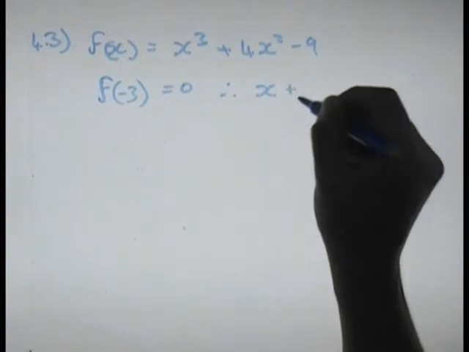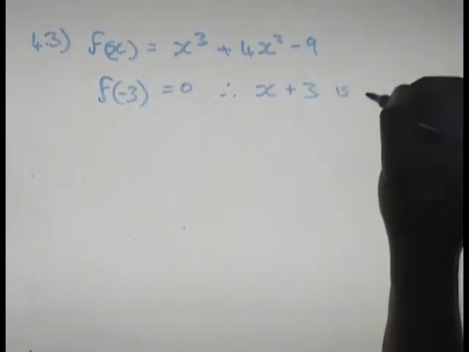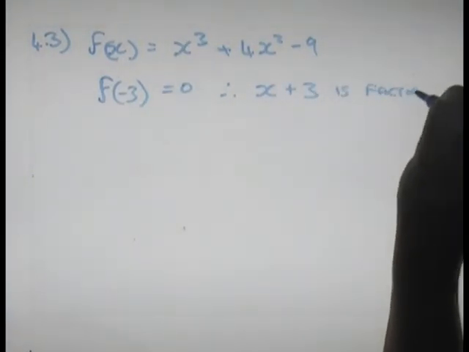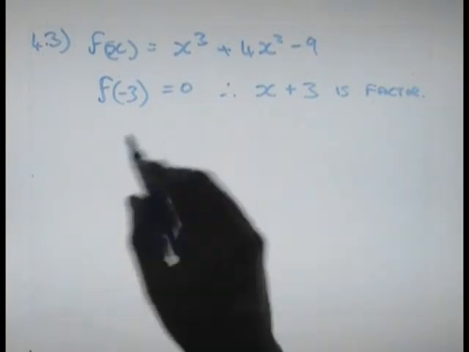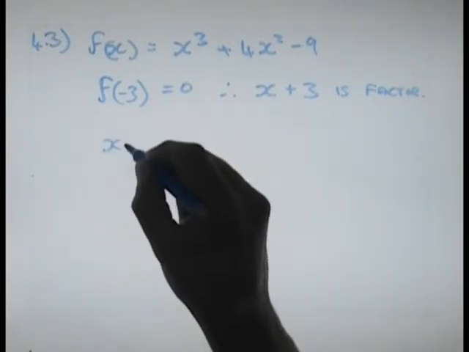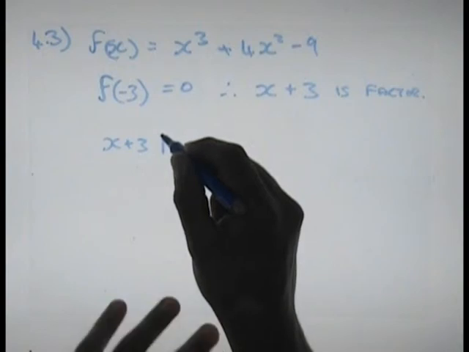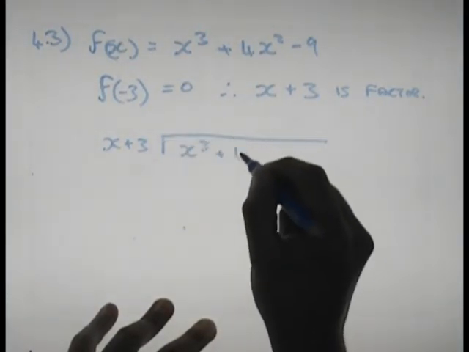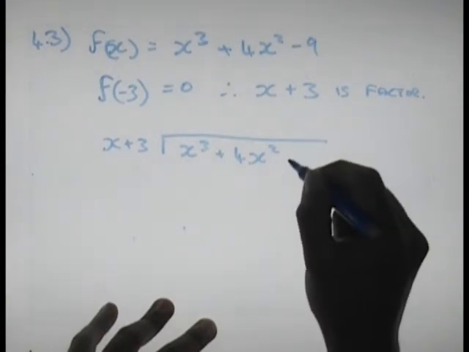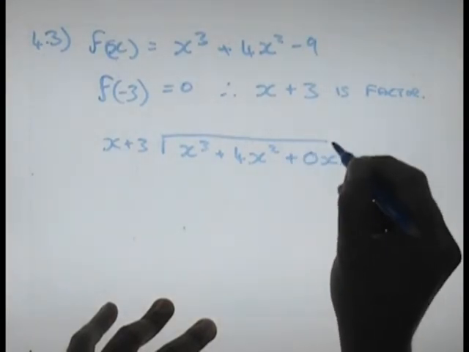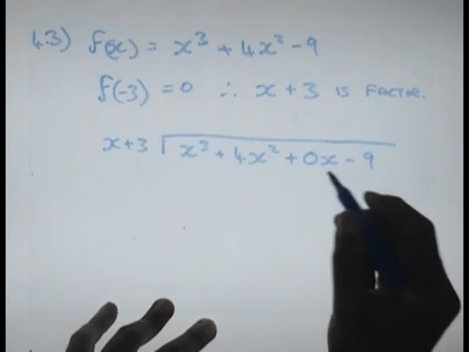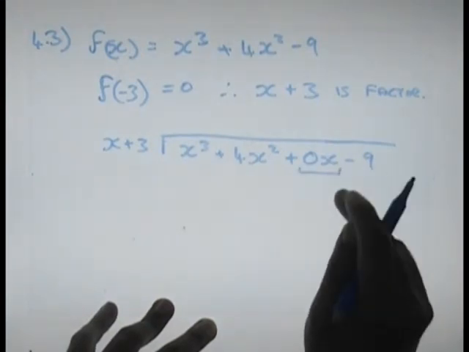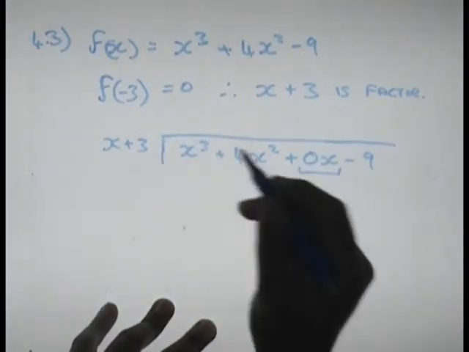That means that x plus 3 is a factor. I'm going to divide it into x cubed plus 4x squared plus 0x minus 9. There is a reason I'm putting this in, and I'm going to show you now.